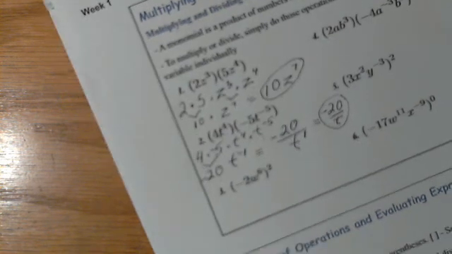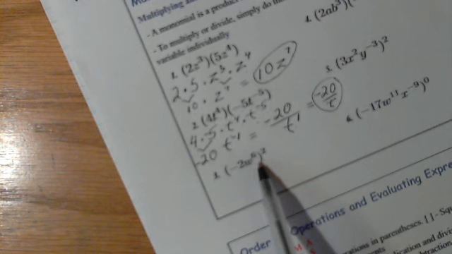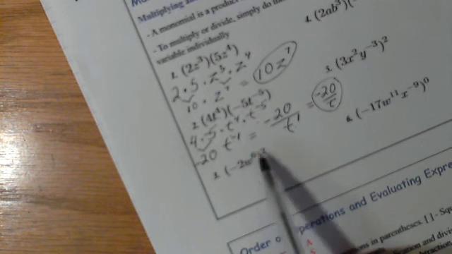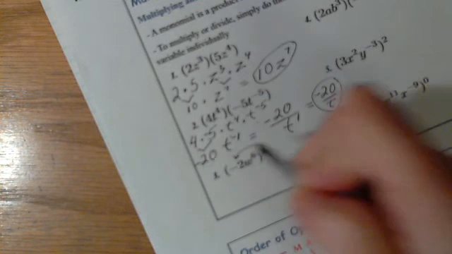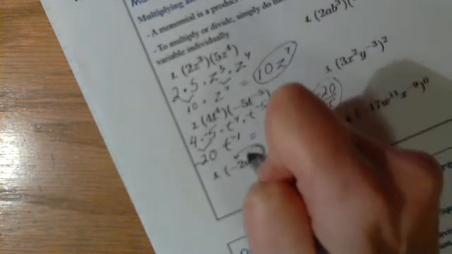Okay, let's take a look at the next one. Again, stop the video if you need to digest that or replay it. Okay, this monomial has everybody being raised to the second power. Everybody inside the parentheses gets this power. So the negative 2 gets that power, and so does w to the sixth power.